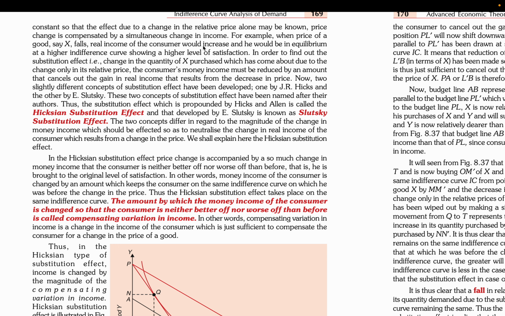Now, two slightly different concepts of substitution effect have been developed, one by J.R. Hicks and the other by E. Slutsky. These two concepts of substitution effect have been named after their authors. Thus, the substitution effect propounded by Hicks and Allen is called the Hicksian substitution effect, and that developed by Slutsky is called the Slutsky substitution effect.